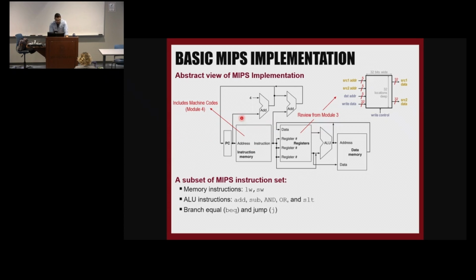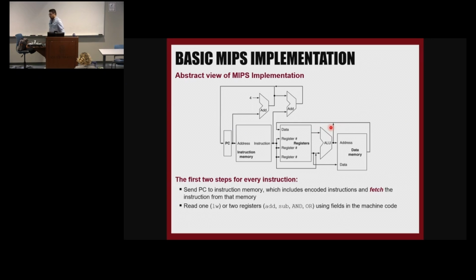So these blocks we're familiar with, but now what we're going to do is cover every step in the MIPS processor and see what blocks are activated for each step. So this is an abstract view, as I mentioned.